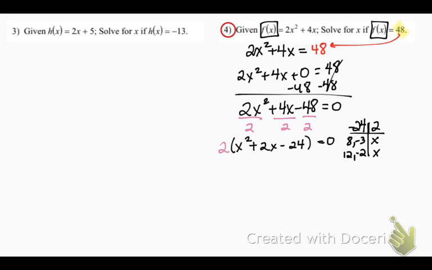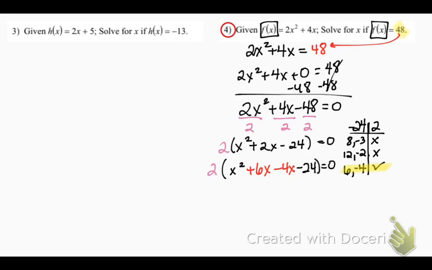Let's see, if I try 6 and negative 4, that multiplies to negative 24 and adds to 2, so those are going to be the numbers that I choose. Now, my GCF stays, and now I have x squared plus 6x minus 4x from my t minus 24, and that still equals 0.